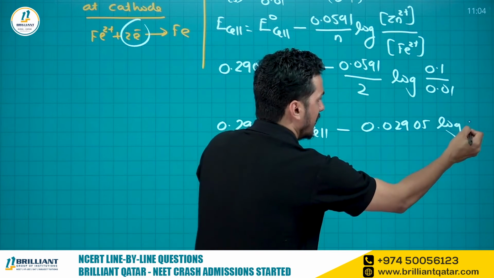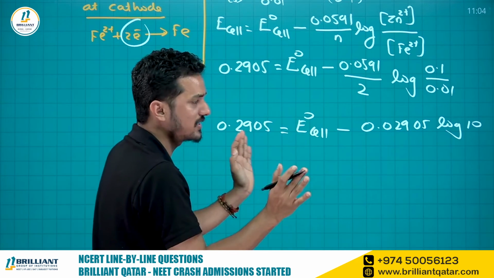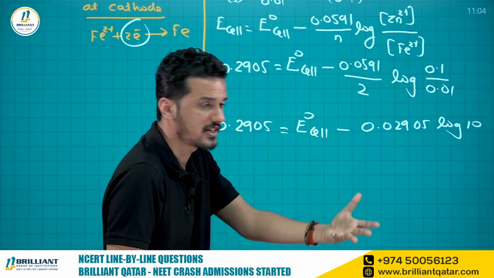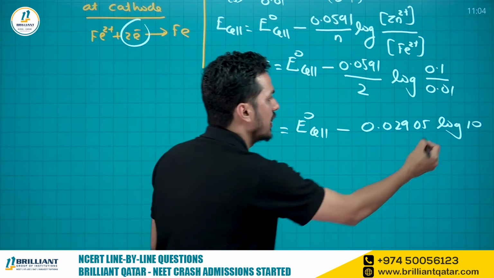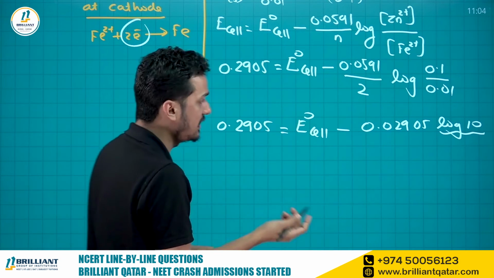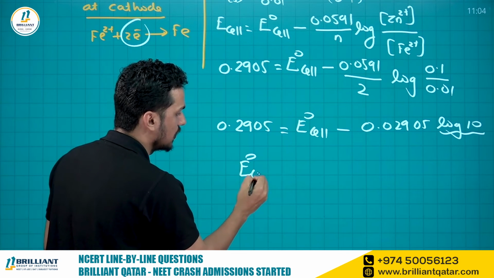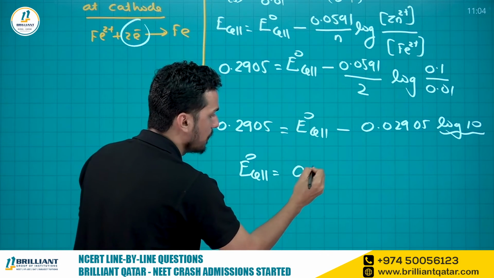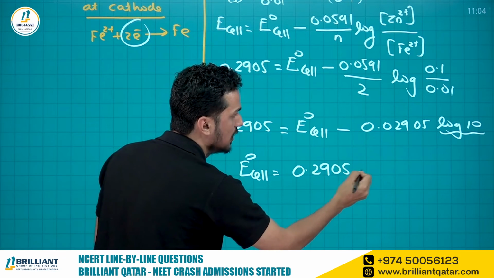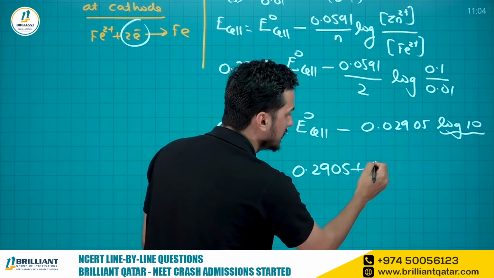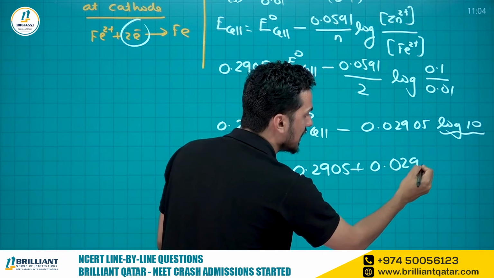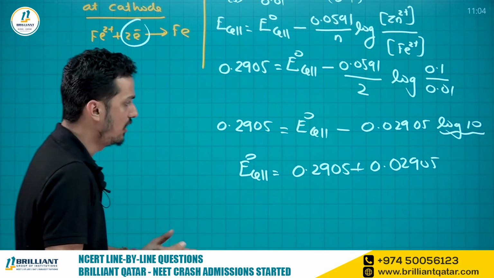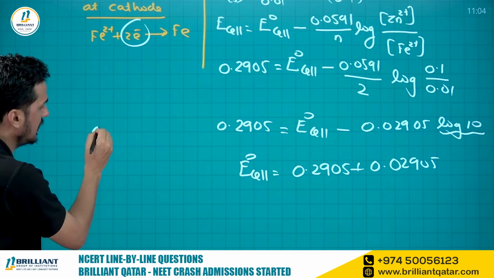That is log 10. Log 10 is 1. So I can eliminate this. Then what is E0 cell? E0 cell equals 0.2905 plus 0.02905. I have to add it. If I add, what will I get?